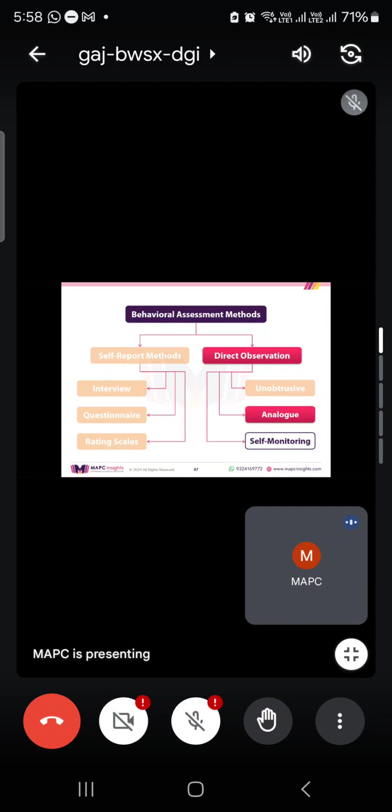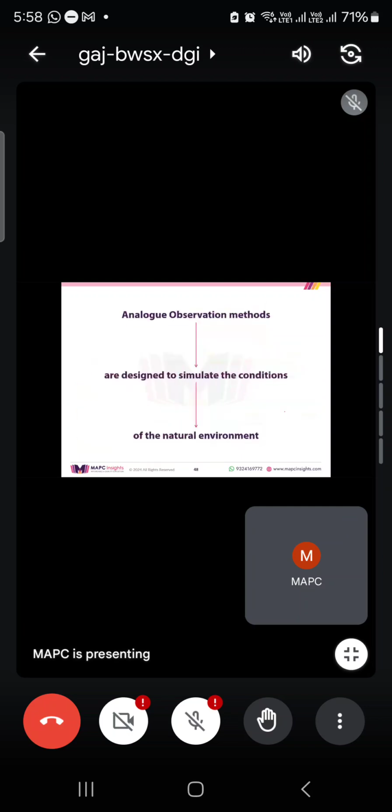The next one is analog. So what is happening? Analog observation methods are designed to simulate the conditions of the natural environment. The moment you have the simulation, it's artificial, it's a laboratory environment.